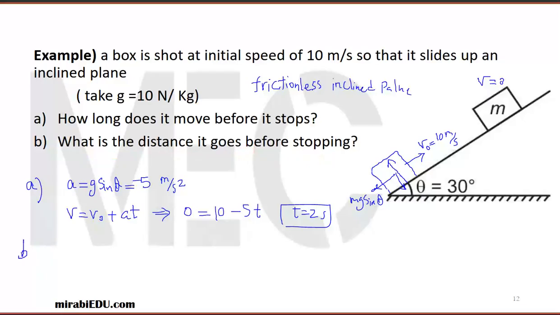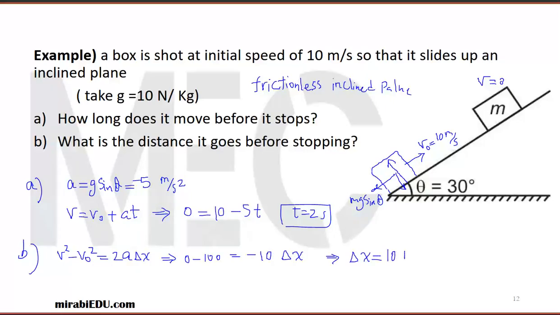Now we can apply different formulas, but if I apply the time independent formula, it will be like this, again between the initial point and the final position: v squared equals v0 squared plus 2a delta x, and therefore delta x will be 10.